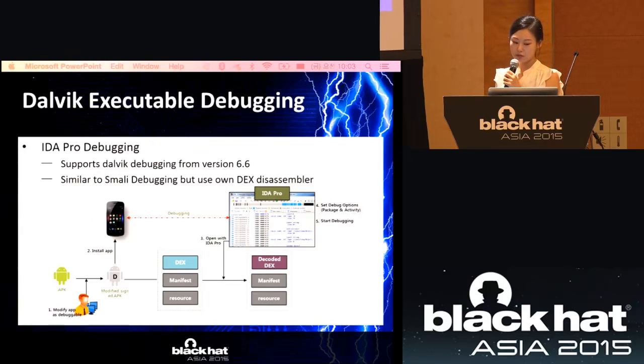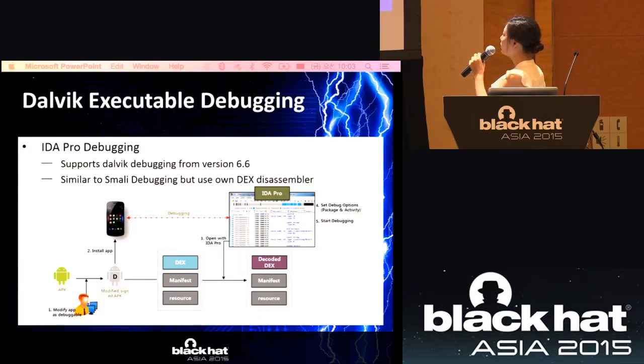And also, they can just open the APK file from IDA Pro, and IDA Pro gives a list of files in the APK file, and they can select the classes.dex file. Then IDA Pro gives the interpreted view of the classes.dex file, a readable bytecode of the Dalvik executable.